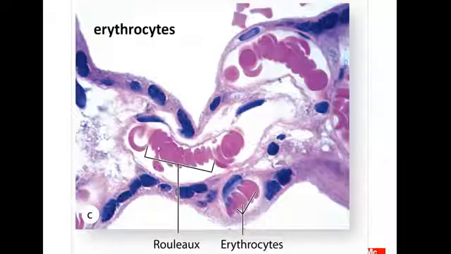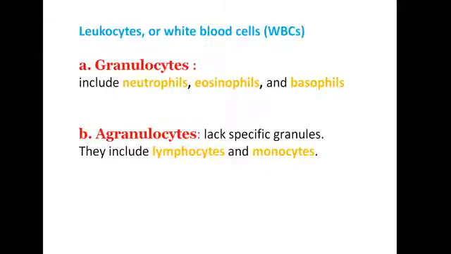This is an aggregation of RBCs in a capillary. This is the capillary, which consists of two endothelial cells. This is the nucleus of the first endothelial cell, and this is the second. This RBC aggregate in the capillary is called rouleaux.